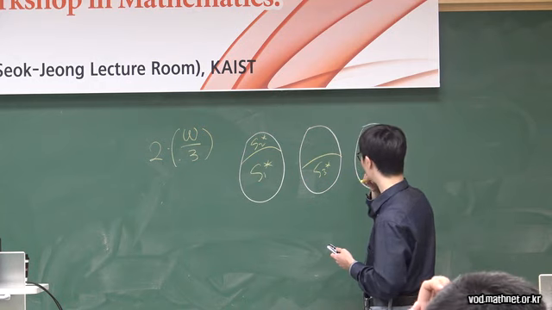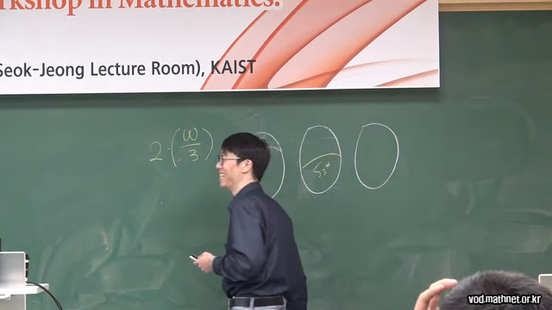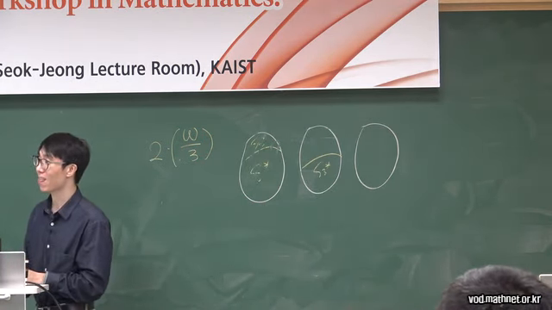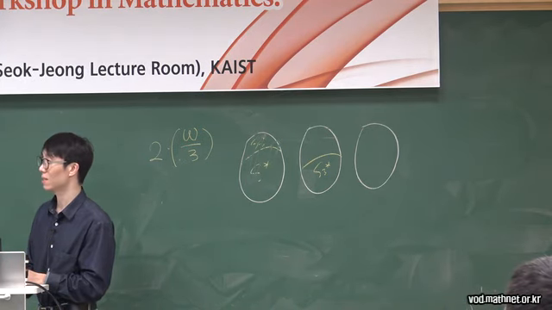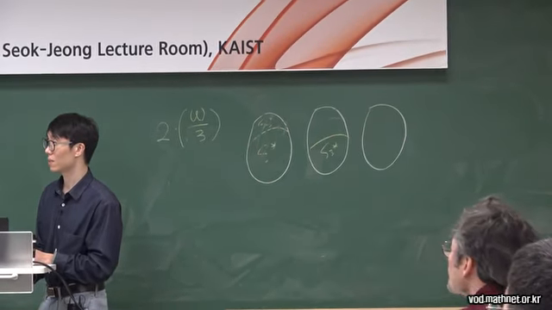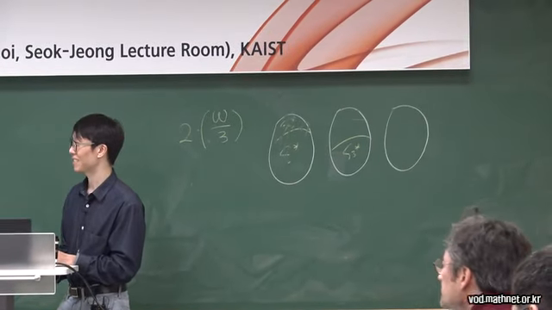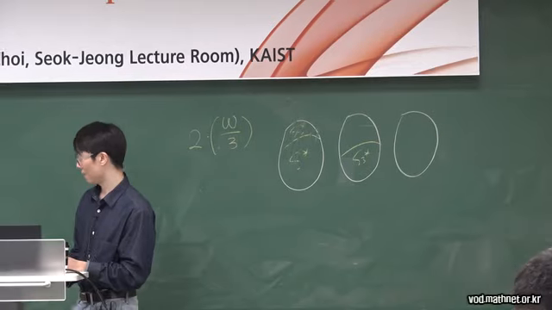Sorry, let's just ignore this. Here, the question is, in the picture, C1 doesn't cross S1 or S2. Yeah. But is it guaranteed that the size of C2 is less than or equal to the size of the boundary of S1?